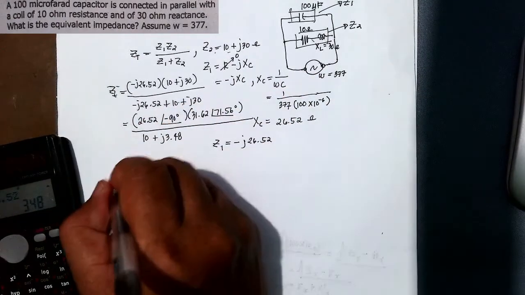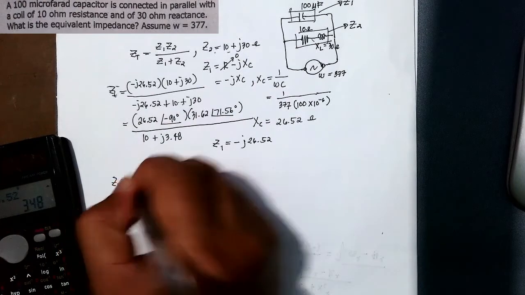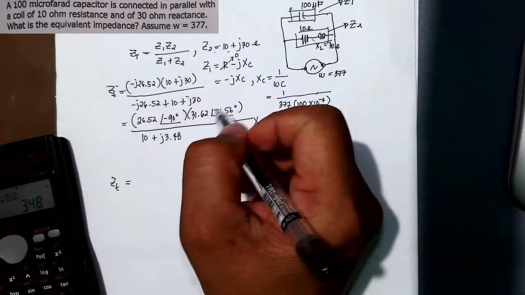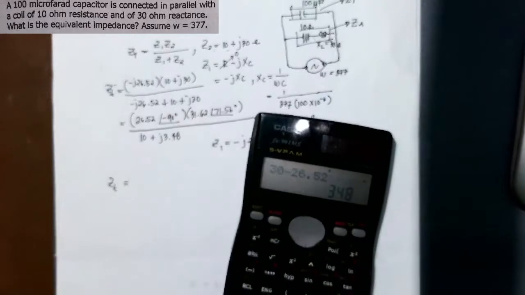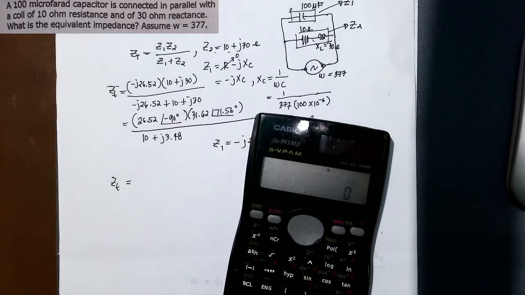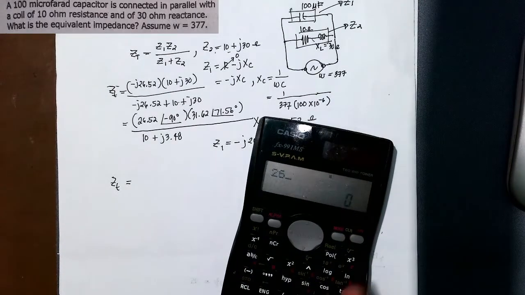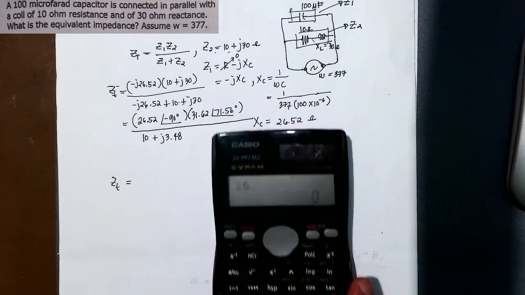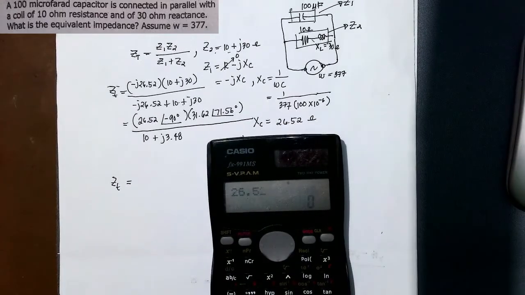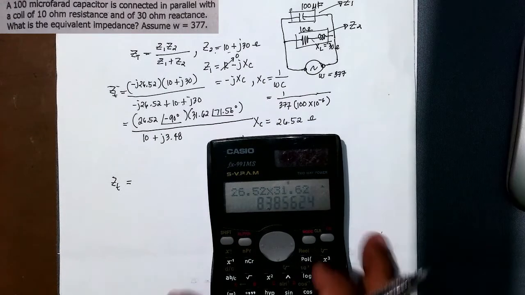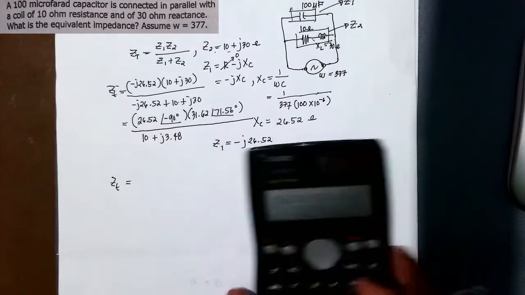Okay, so we simplify it more. So our ZT, simplify the numerator part. It is easy to simplify. We just multiply 26.52 times 31.62. So that will be 838.56.